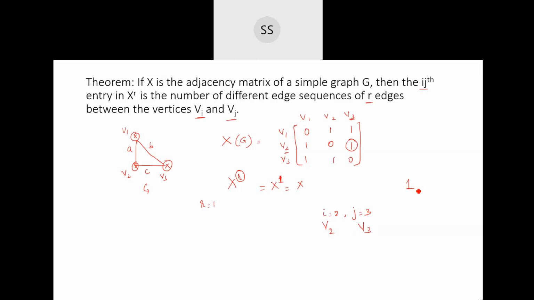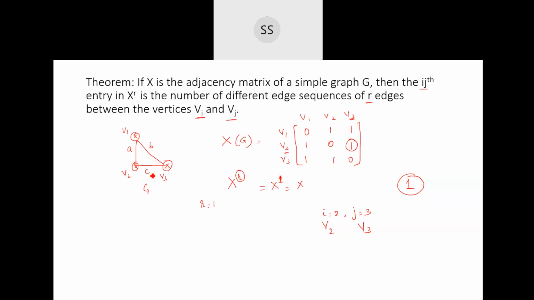So how many different edge sequences of R edges, with R equal to 1, are there between V2 and V3? Only one of length 1. Only the edge C is possible.